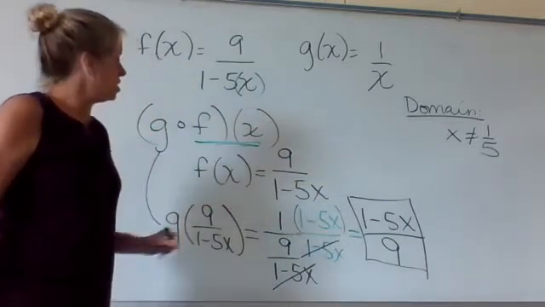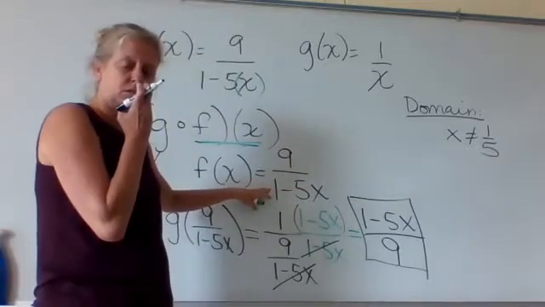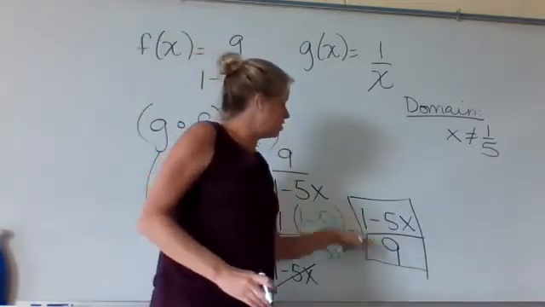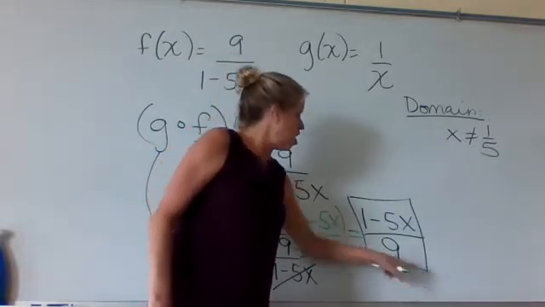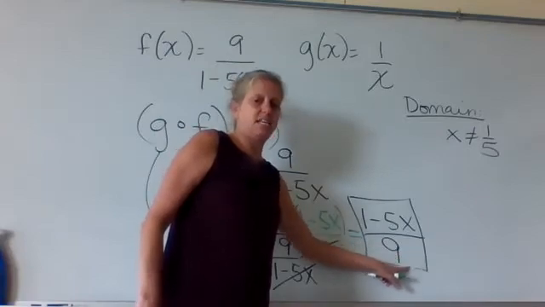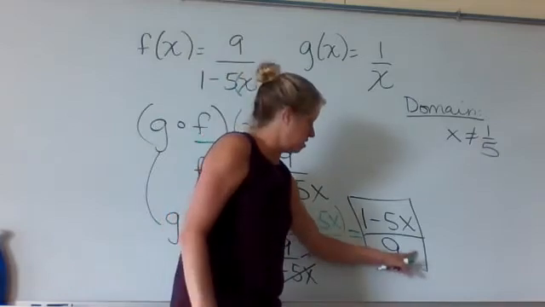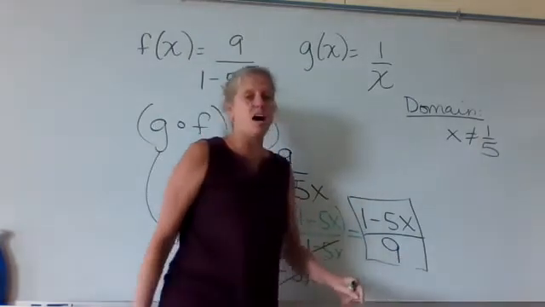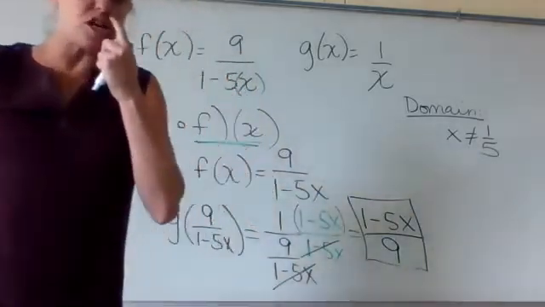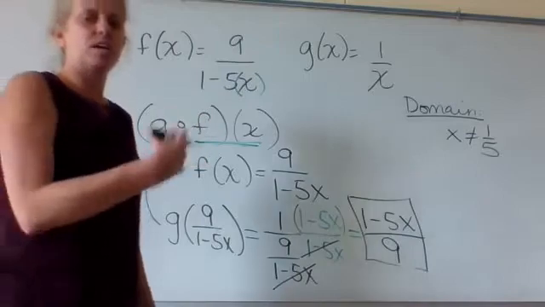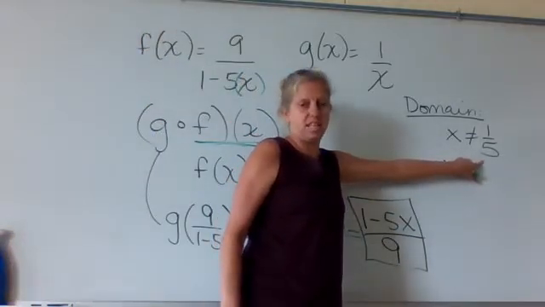So back to the domain part of the question. I already found the restriction in my first part. Now I need to look at my final solution and see if there are any restrictions here, which would mean, are there any x's in the denominator of my answer? There's not, right? There would be an x somewhere down here, and there's not, which means this part doesn't have any restrictions. So the only thing I need to leave out of my domain is 1/5.